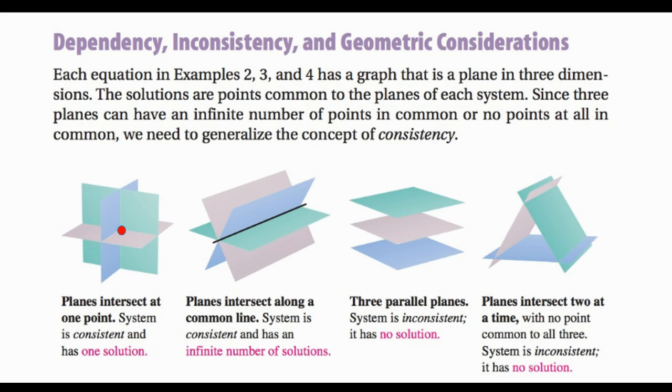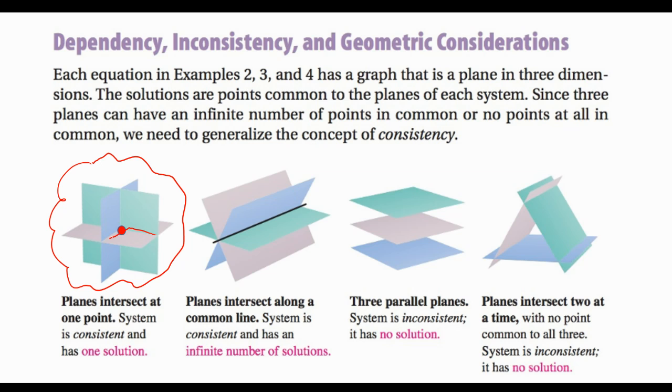There are different ways that those 3 planes could intersect or not intersect at all. This is the one we're going to be focused on. You can see there's a green plane, a blue plane, and a dusty rose-colored pink plane. Those would be the X, Y, and Z. You can think of it as the floor and 2 walls.